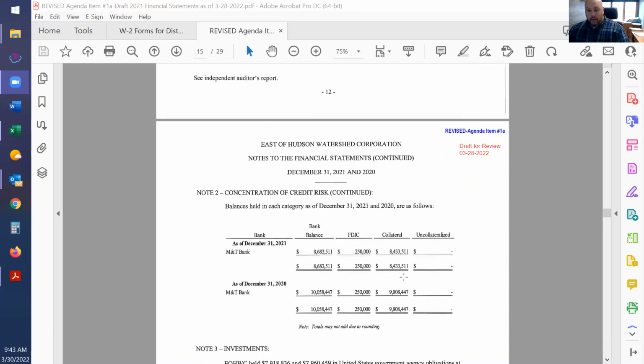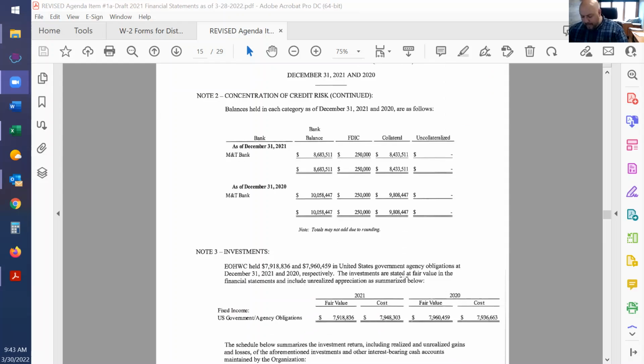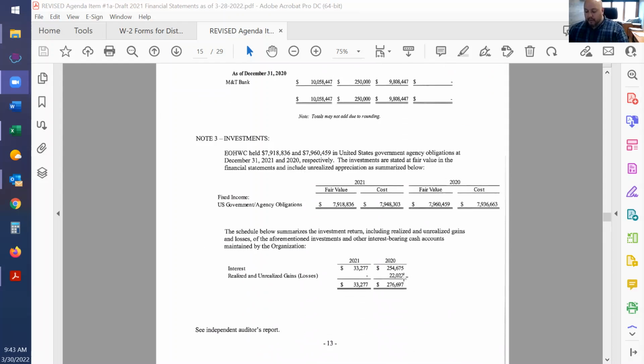Note 3 on page 13, I'm sorry. Note 3 is a summary of the fair value of the investments and the actual cost value of the investments for the 2-year comparative. So that shows what the actual fair value is as of the end of the year, and what the organization's actual cost was in those assets up to that point. And then down below, we show a summary of what is recognized as the amounts earned from investments.